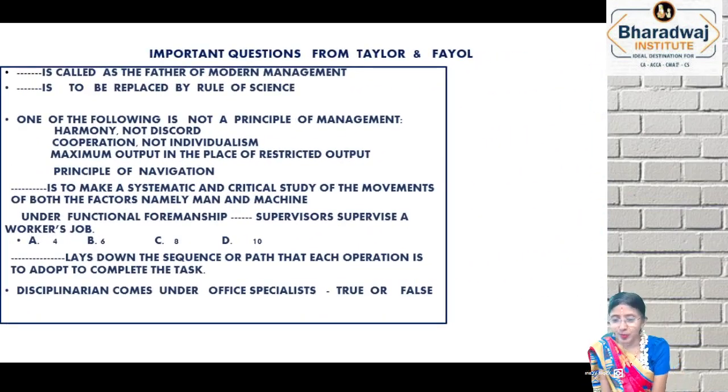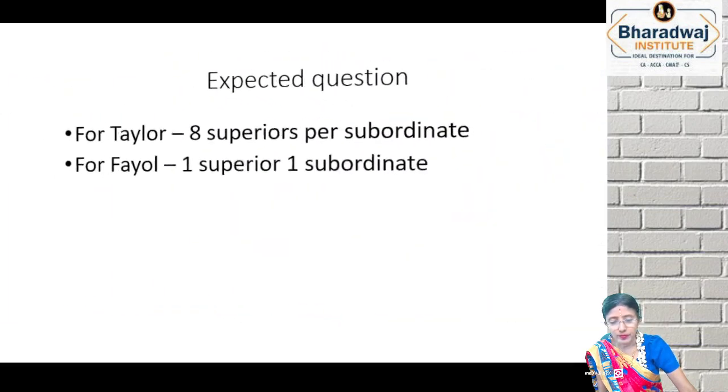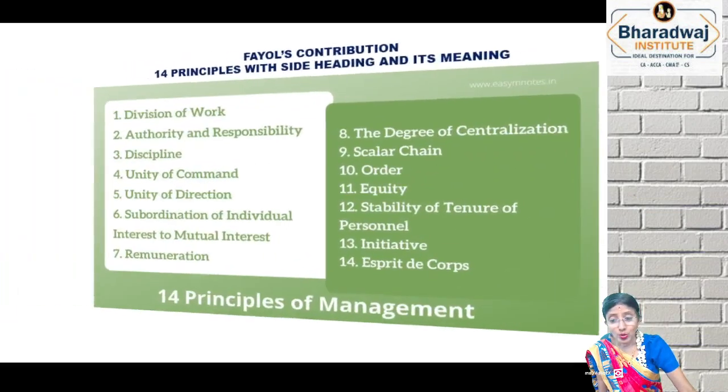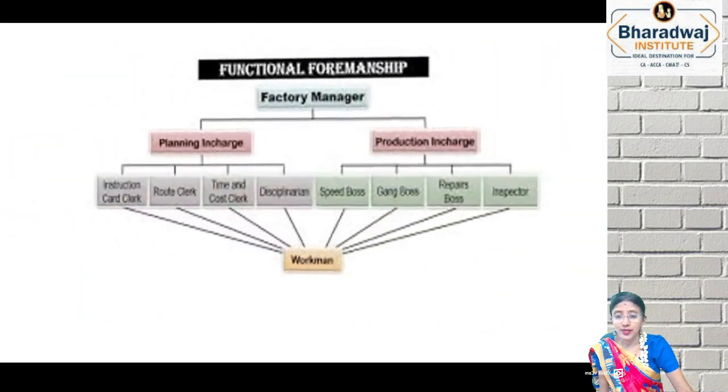Okay. Disciplinarian comes under office specialist. That is, is he coming under planning side or implementation side? Planning means office. Implementation means factory. That is this side. Again, I'll show you that. So these are the types of questions they can ask.